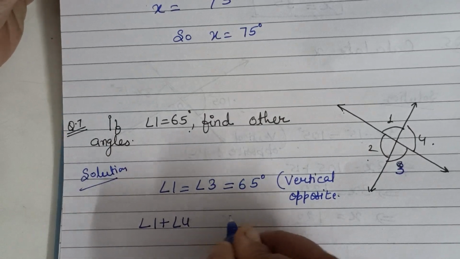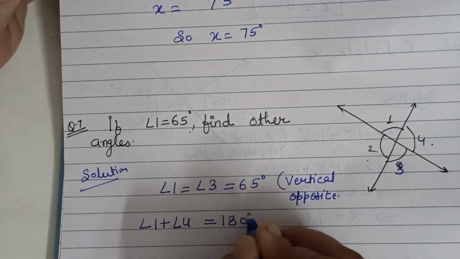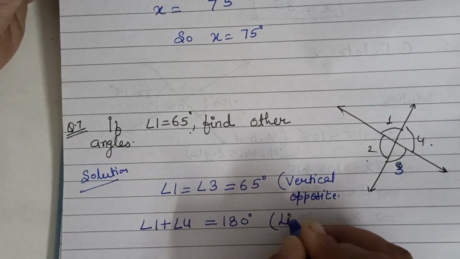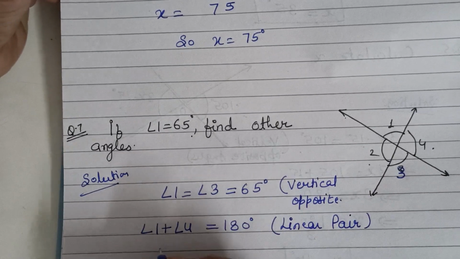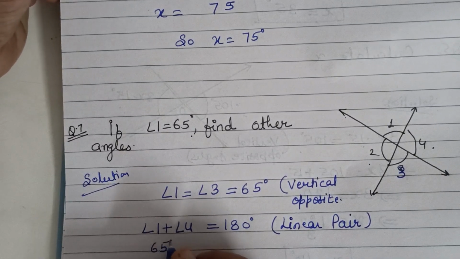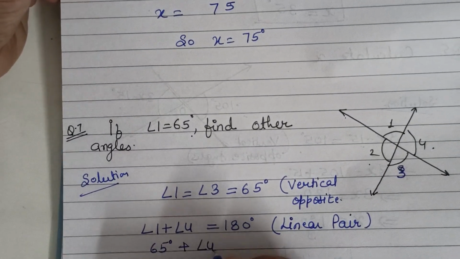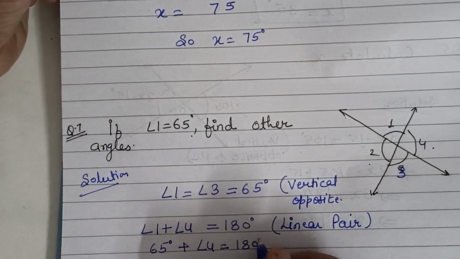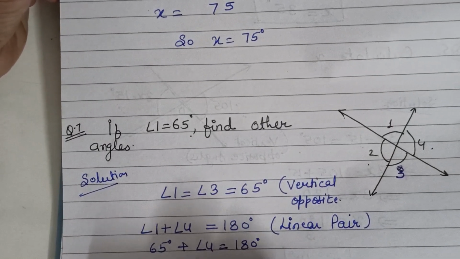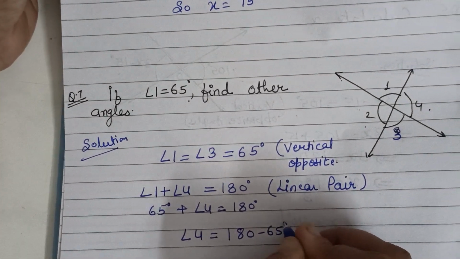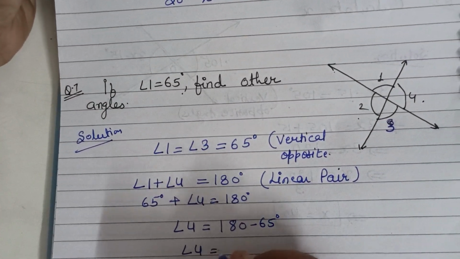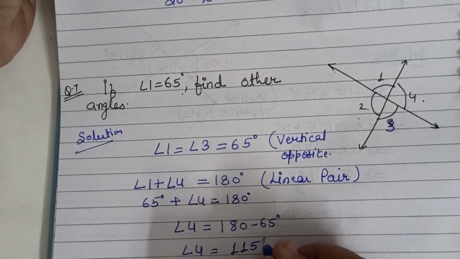Angle 1 plus angle 4 equals 180 degree. Reason: linear pair. Now put the value of angle 1, it is 65. After transposition, angle 4 equals 180 minus 65. So angle 4 equals 115.